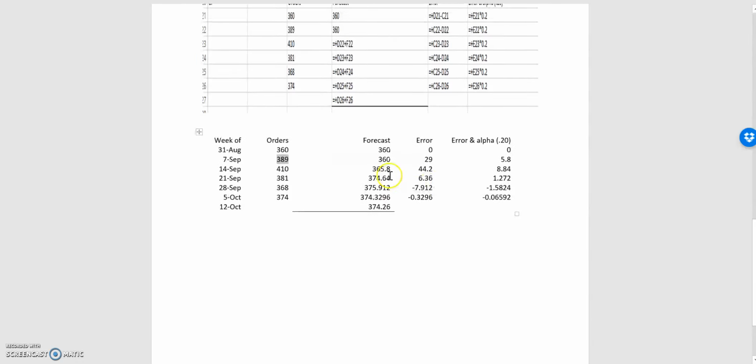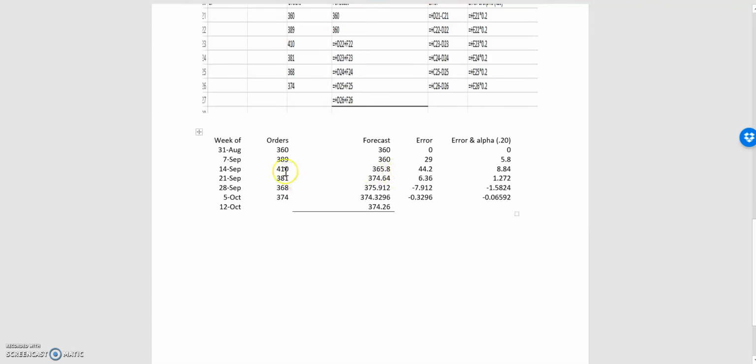So we take that minus 360, which gives us 29. Multiply 29 by our smoothing constant. 29 times 0.2 gives us 5.8. So we take 5.8 and drag that down and add 5.8 to our previous forecast, which gives us our new forecast of 365.8.